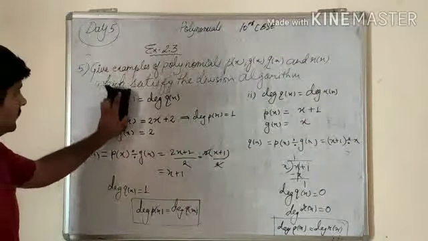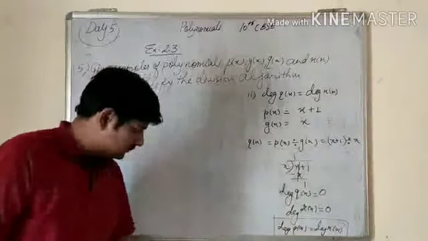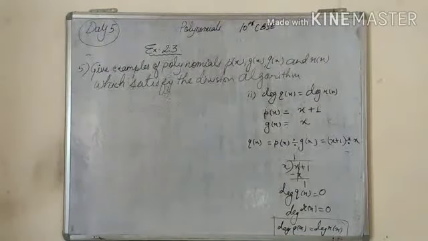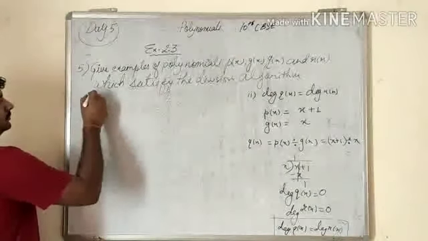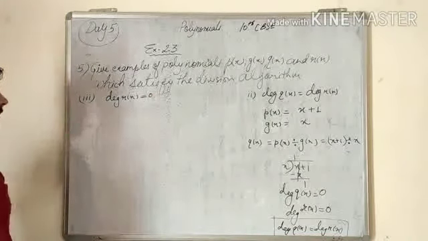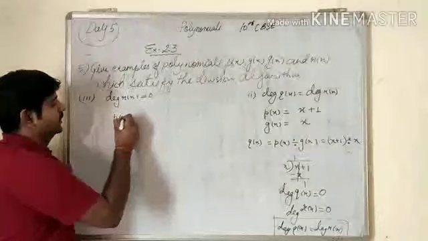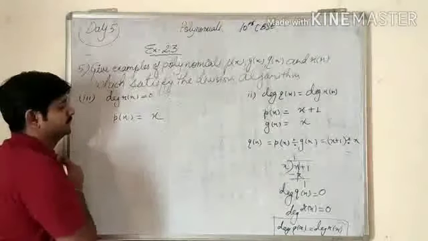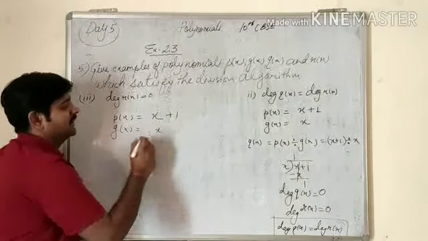Now next, degree of r(x) is 0. So in this situation, the same question we can take, otherwise another one. p(x) equals x, g(x) equals only x.